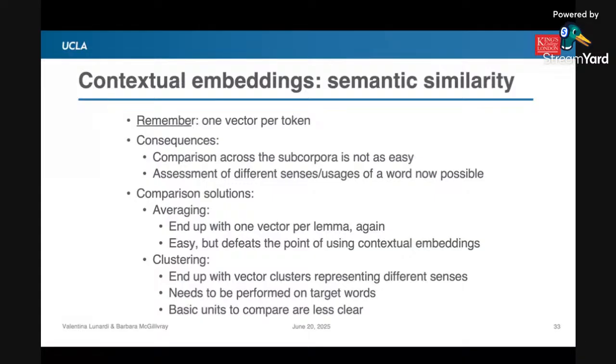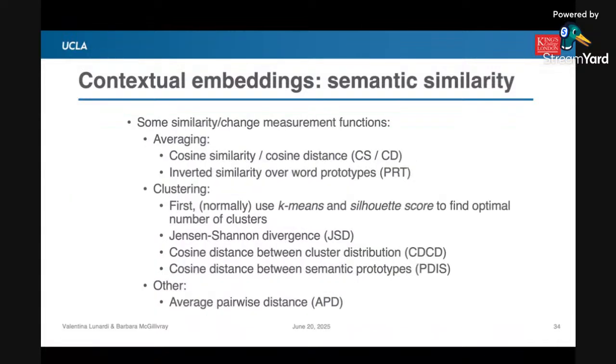But again, the basic units that you want to compare are a bit less clear, because a word might have 2 clusters in one time slice and 3 clusters in another time slice. So what is it that we're comparing? Here are just a bunch of different similarity change measurement functions that I don't particularly want to go into right now, but I'll tell you what we will do.